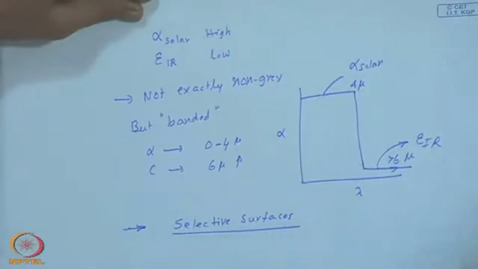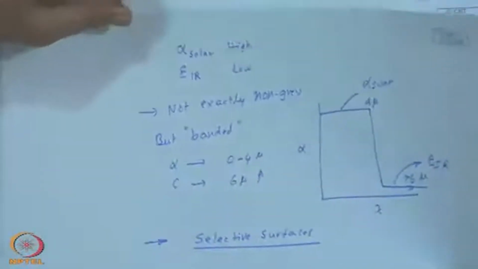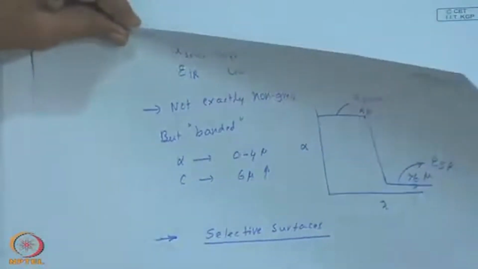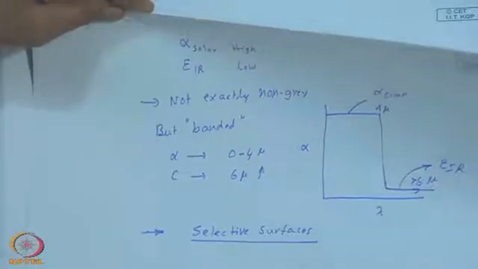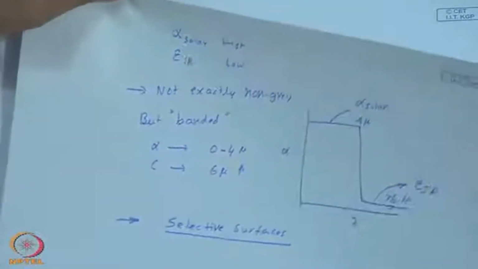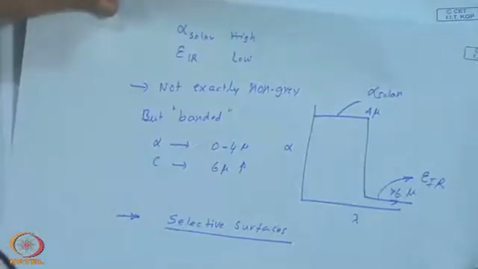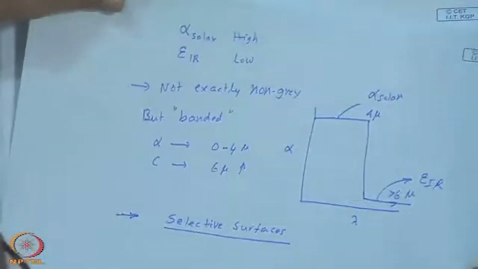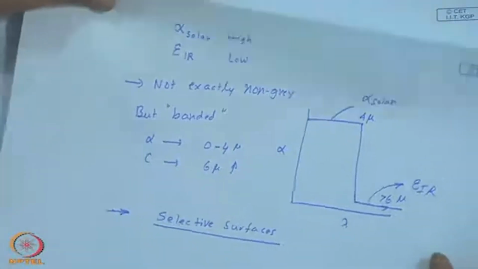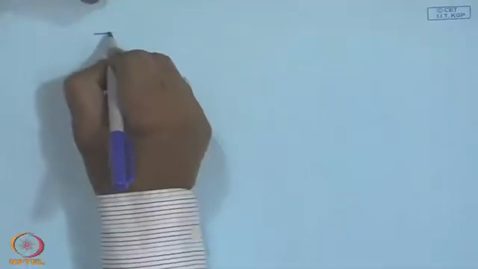So, a selective surface in general is a non-gray surface, but with a special feature that the properties are in two bands of the wavelength. In the solar range a high absorptivity and in the near IR or far IR a low epsilon. So, this is where the material science research goes on.